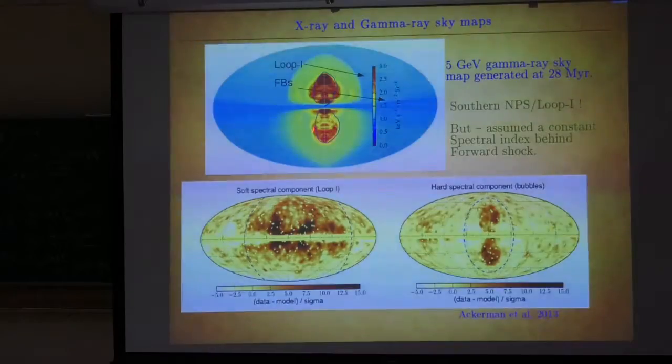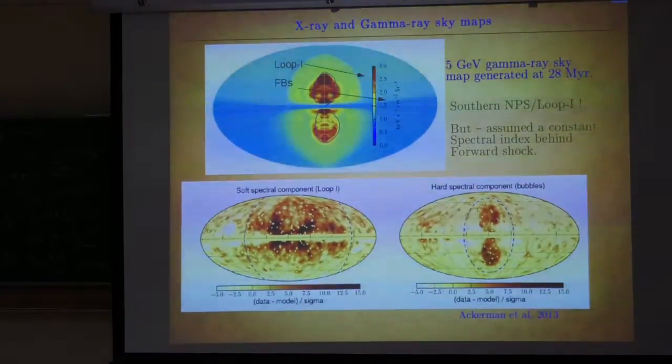So we see that the bubbles are in almost good shape. We of course don't include any cosmic ray diffusion. And we also see a northern loop 1 feature on the northern side. This can be seen also in the observation here. But in the southern hemisphere, there are just 2 horns coming out here and there in the model map, but there is no large-scale structure.